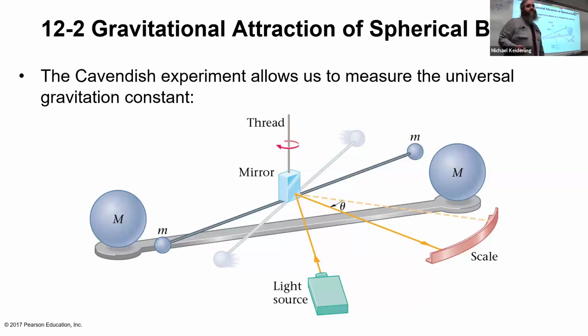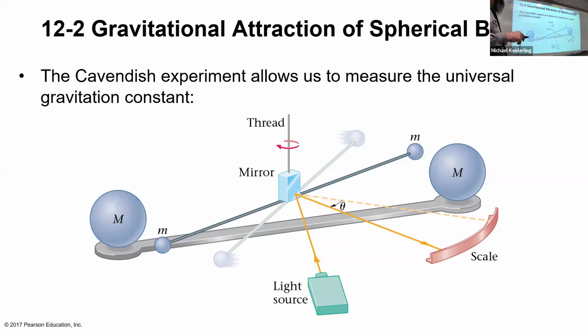Now, this fact that spheres act like point masses is how big G was initially measured by Cavendish. You had a couple of large spheres set up like this. They were bigger than this picture, with a wire and a mirror.